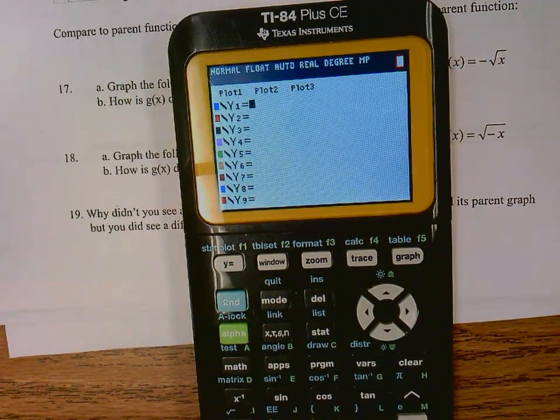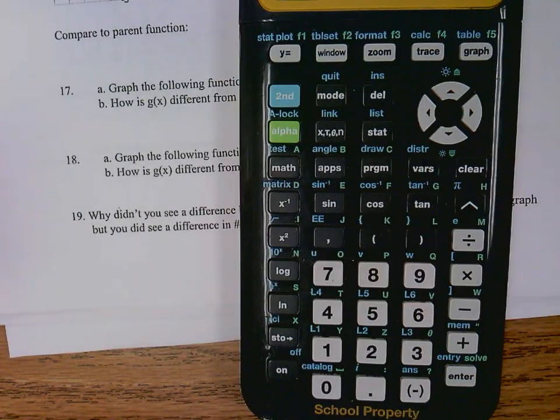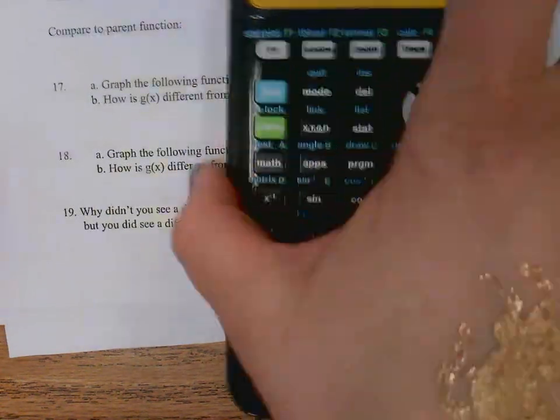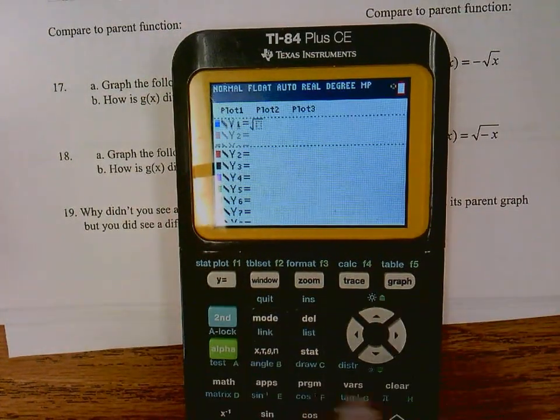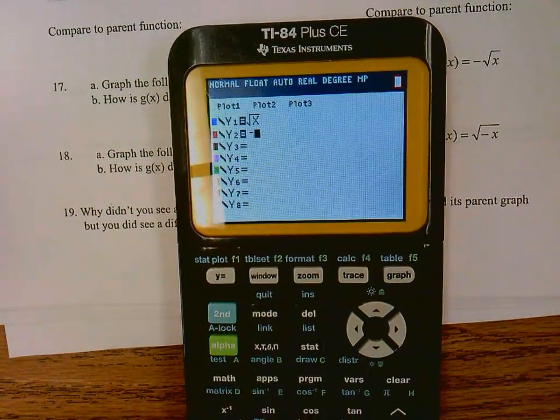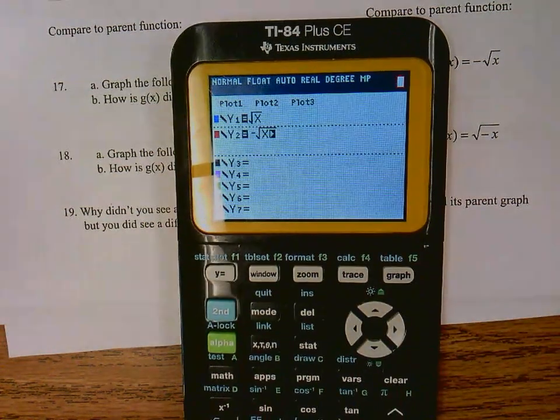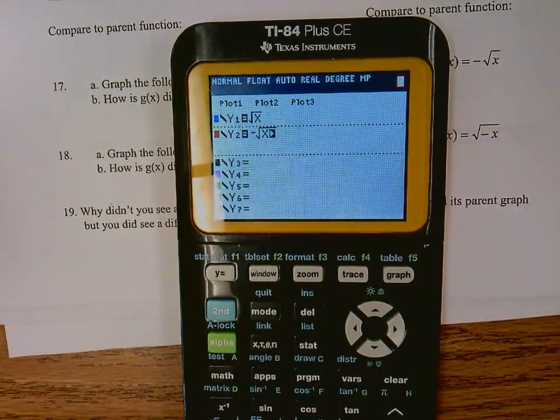And the square root key is over the x squared button. So you hit the second blue key, and then you hit square root symbol. I want to compare the square root of x to the negative square root of x.